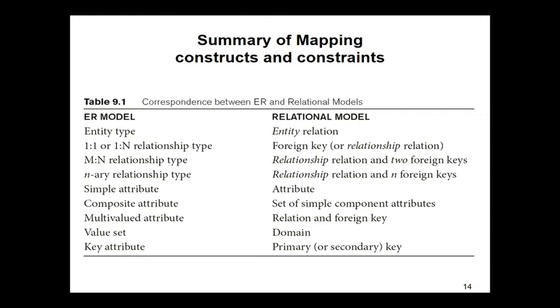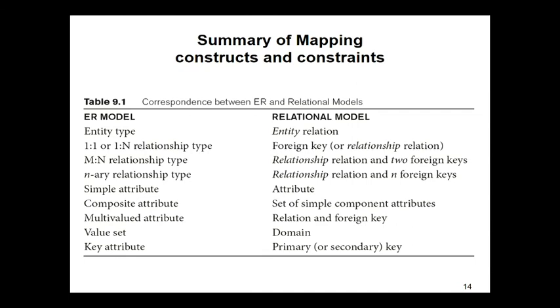So if they're a little bit off in their wording there, that's okay. And in the n-ary relationship, we have a new relation that we create, and it has as many foreign keys as you have entities that are included in it.